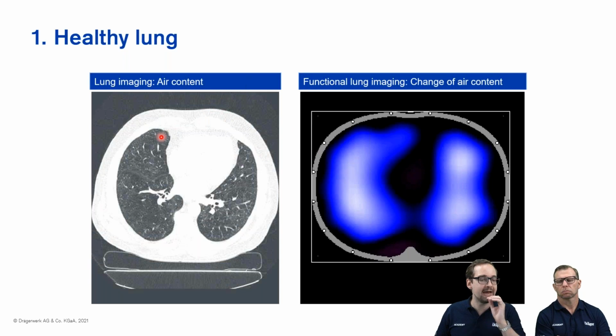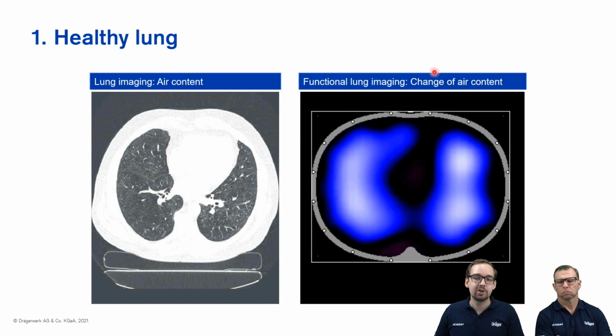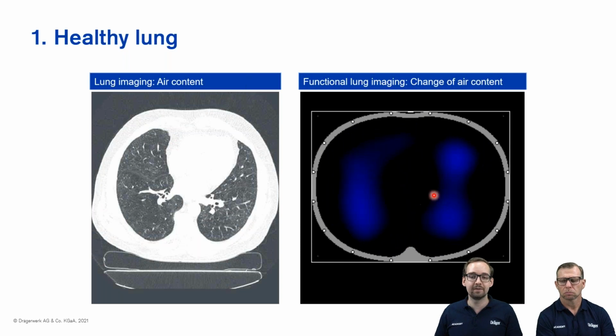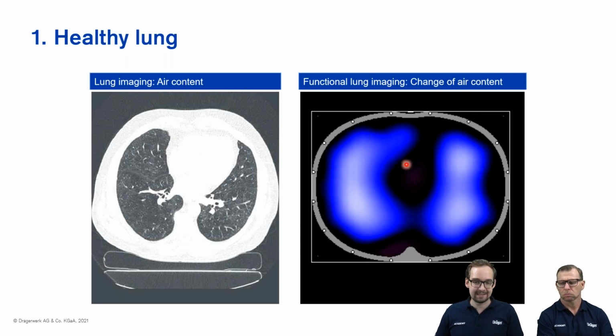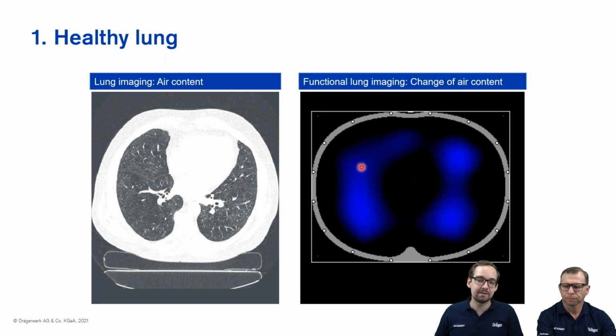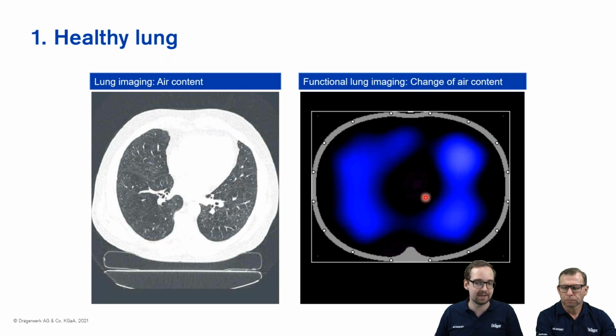CT shows you air content. It's a static picture, it just tells you how much air is in there. And on the right, we see change of air content, telling us where the tidal volume goes. So as a fundamental difference, if you see black color, it doesn't mean that this part of the lung has no air inside.